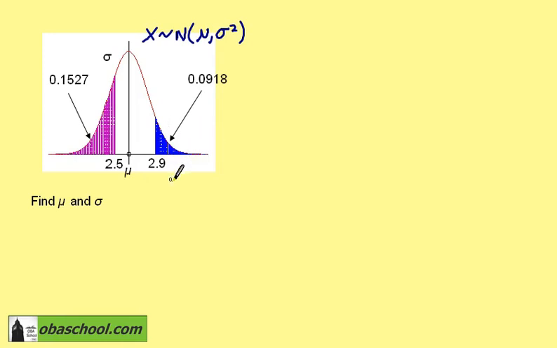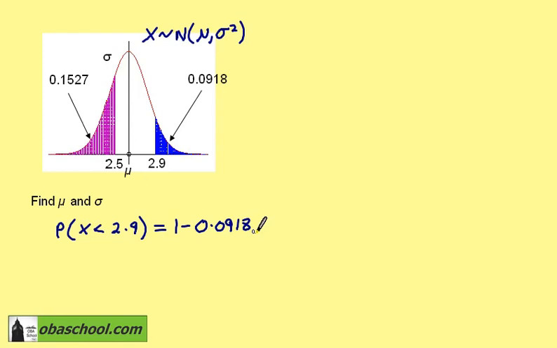Using this area first, since it's the easiest to work with, we know the probability that x is less than 2.9 is equal to 1 take away 0.0918.